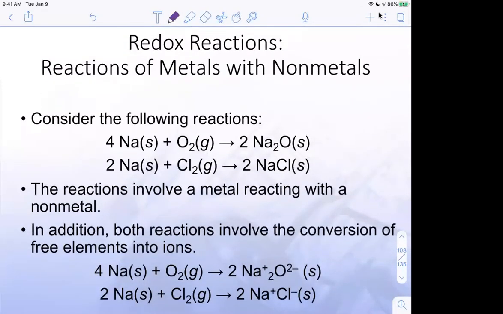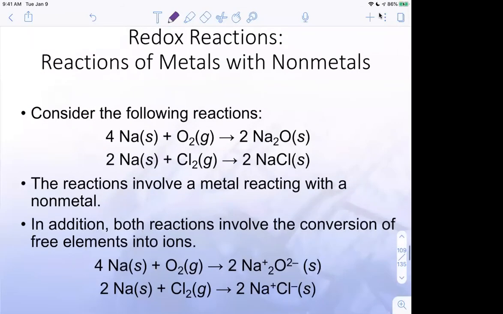So many of the times that we're discussing redox, we're going to have to figure out where my electrons are going. Where do they start? Where do they end? And a lot of times when I react metals with nonmetals, I'm going to have this oxidative redox process. So let's look at these, right? Elemental sodium, metallic, is 0.